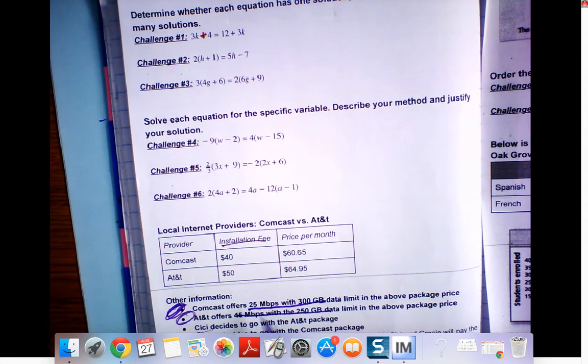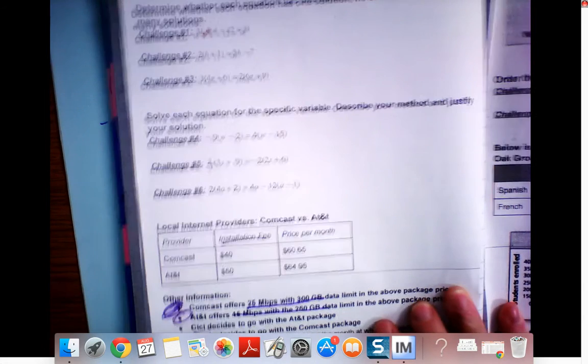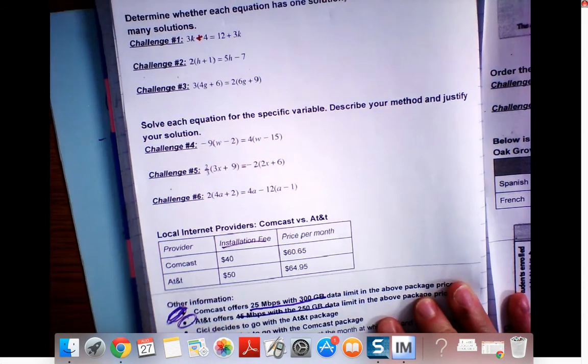Like, this is 25 megabytes per second with 300 gigabyte data limit, and then the AT&T is 45 megabytes per second with the 250 gigabyte data limit. And so I wanted them to use that to see which one would be a better deal. So that was more of an opinion type problem.